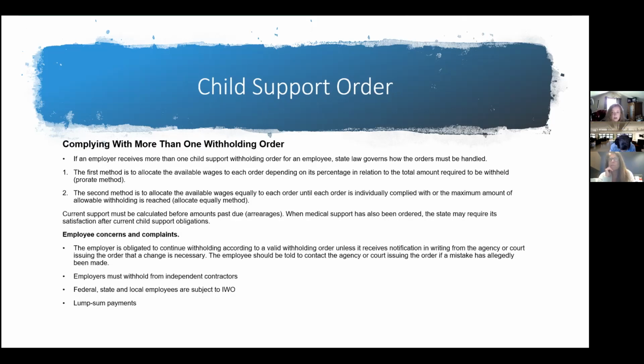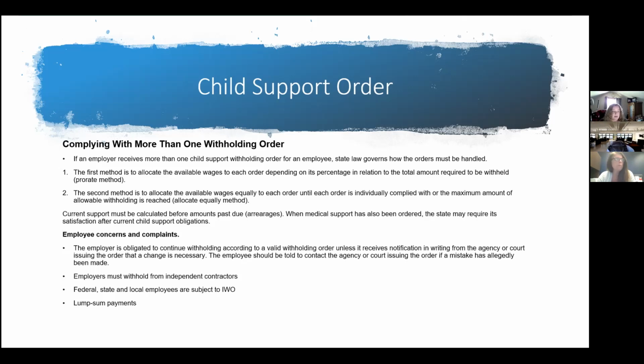So this gets more complicated if an employee has multiple orders. If an employer receives more than one child support withholding order for an employee, state law governs how the orders must be handled. Again, state law is going to make that determination, not federal law. Different states handle it differently, but a couple of different methods. The first method is to allocate the available wages to each order depending on its percentage in relation to the total amount required to be withheld. It's called the prorate method.